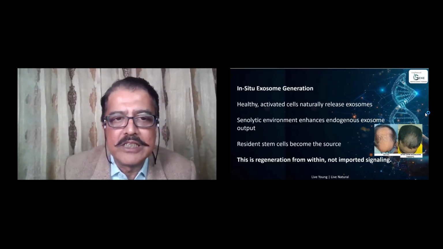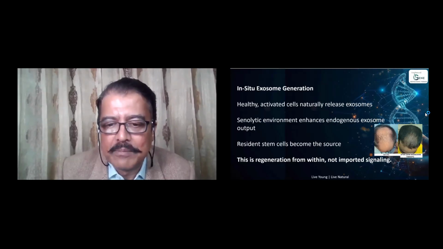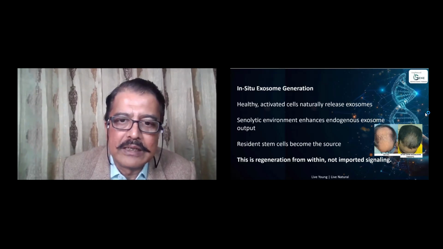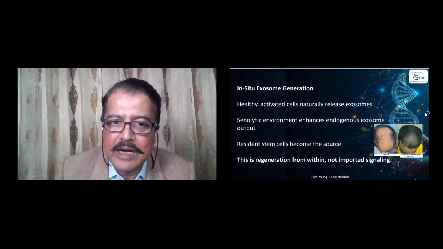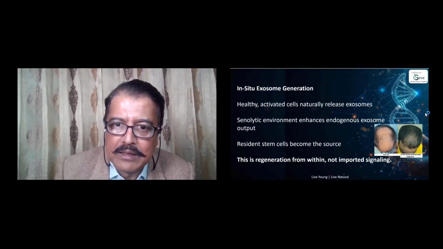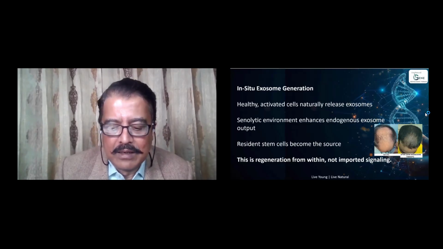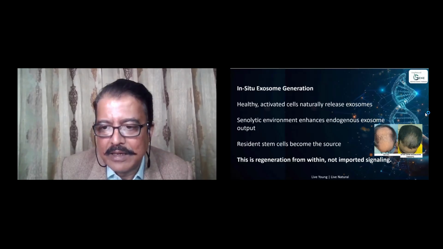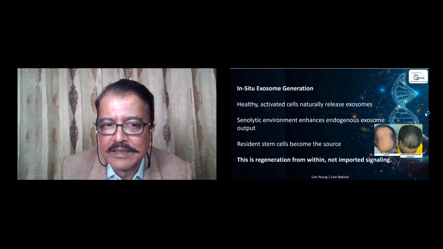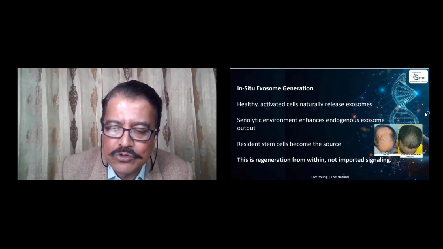This is where we come to in situ exosome generation. That is, exosomes inside the particular tissue. Here is an important sentence to understand. Healthy activated cells, wherever they are, naturally release exosomes. A senolytic environment that is free from aging, free from senescent cells, enhances endogenous exosome output.